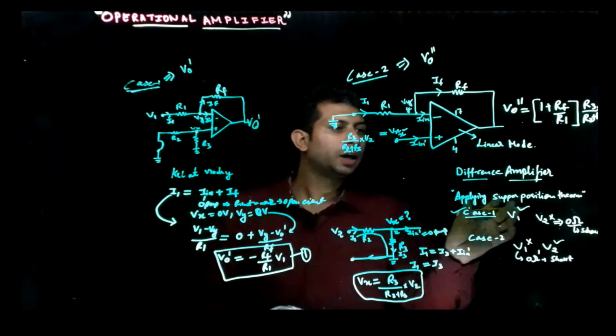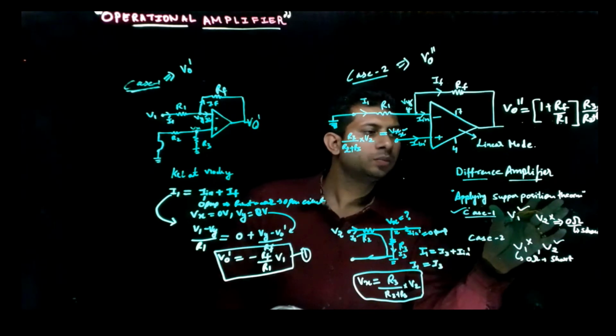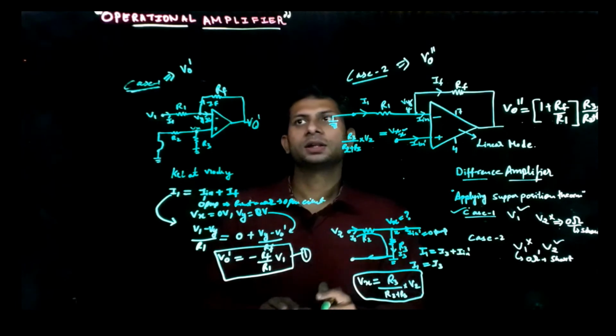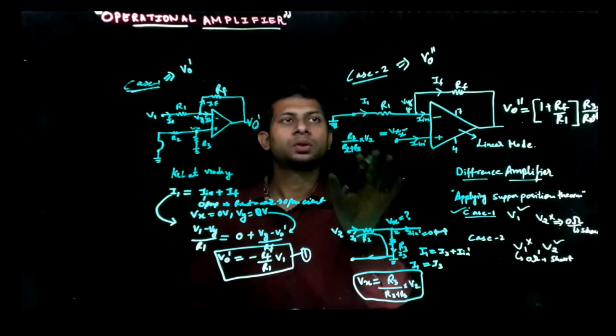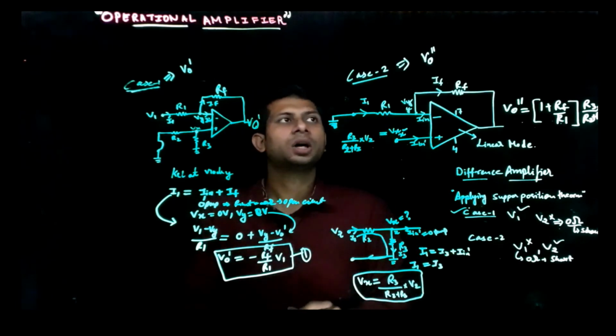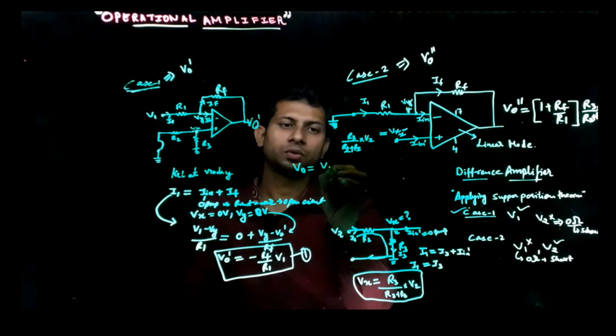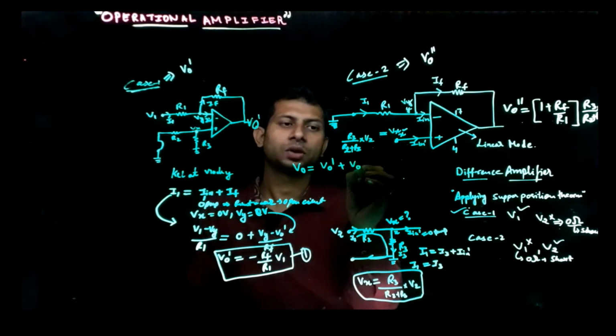Okay, the superposition theorem says that the total output voltage is the sum of these two cases' responses or outputs. That means V0, the total voltage, will be V0 dash plus V0 double dash.